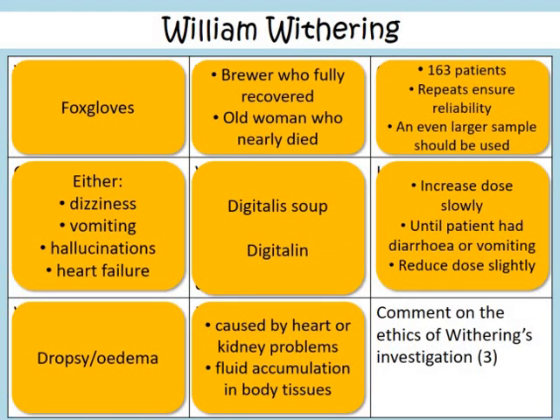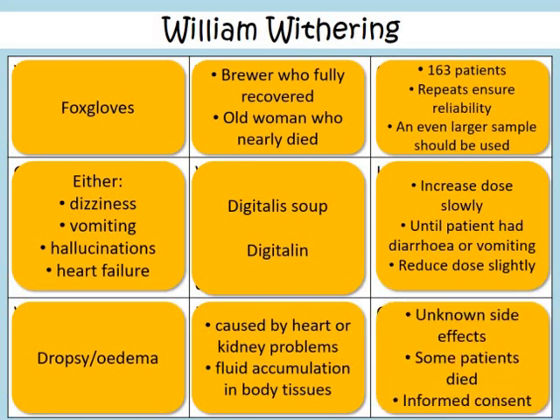But ethically, this is a bit shady because he didn't know what the side effects could be. Some patients died during the procedure as a result of the side effects maybe being too severe if the dosage was initially brought up too high, and as the patients couldn't give informed consent because they didn't know the side effects either, we disapprove of this in modern times.